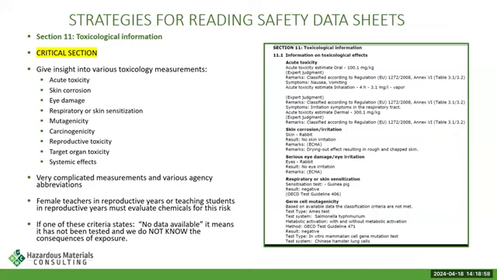Is this going to be acutely toxic? Is this going to cause cancer? All of those different criteria will be listed in this section of the safety data sheet. And you want to look through here, and it's more of a reading exercise to determine how it's classified.